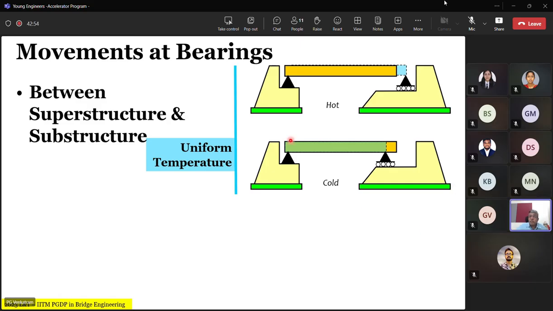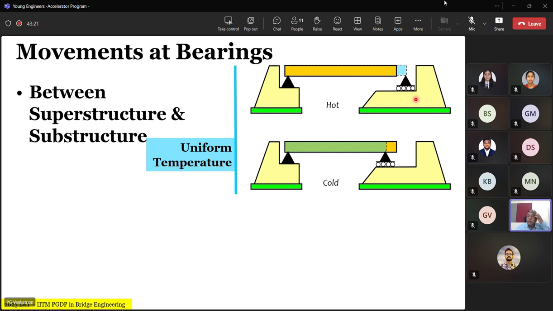This is a classical example of relative movement between the bridge superstructure and substructure. If there is a uniform temperature rise, and this end is pinned and the other one is roller, this is a conceptual idea, the support point moves along with the superstructure.